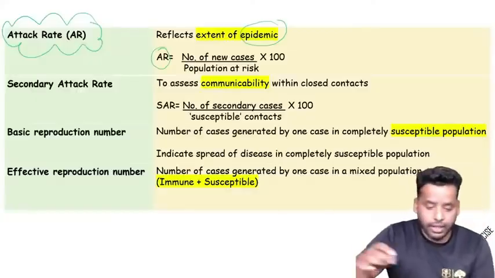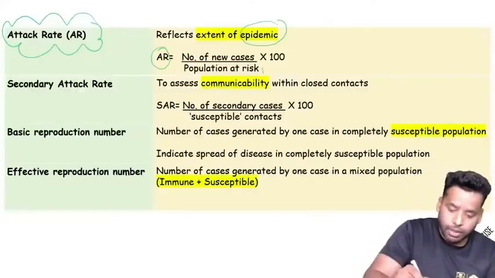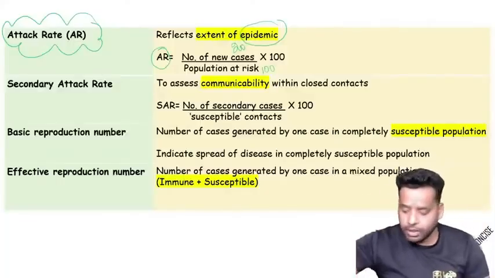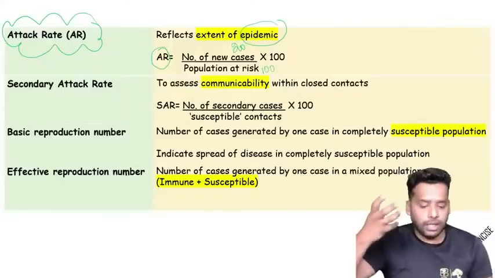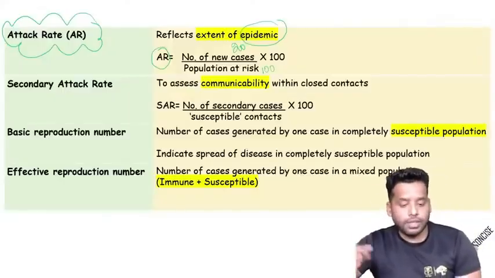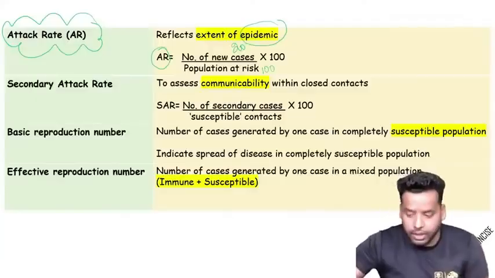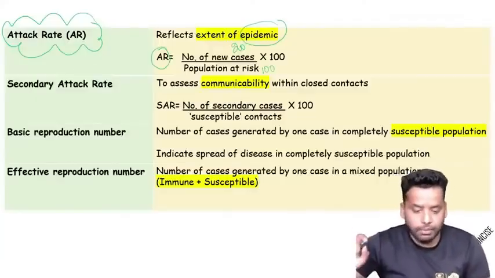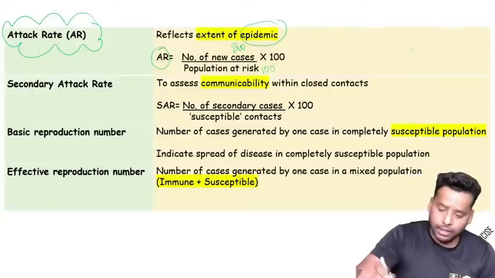Out of 100 at risk, 20 new cases develop. What is the attack rate of this epidemic? 20% is the attack rate.